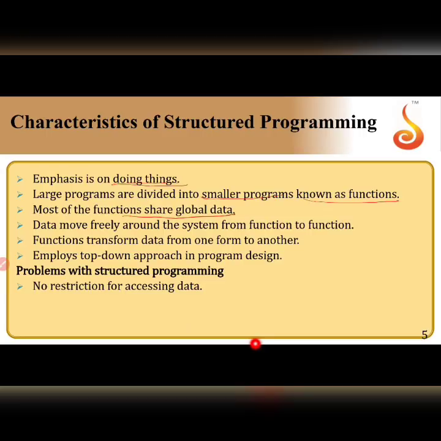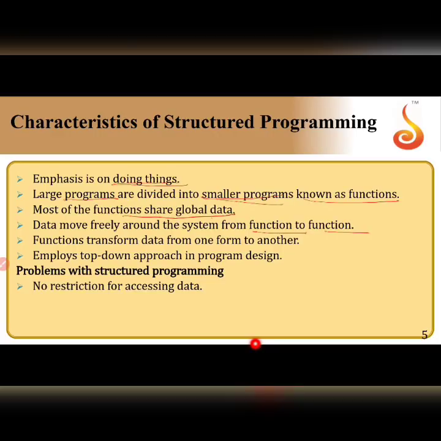But when you have a large program broken down into smaller ones, wherein the result of one is made use of in the other, it has to be global data. That is, it has to be declared in such a way that it is accessible to all the functions. So most of the data is global. That is, it moves freely from function to function.